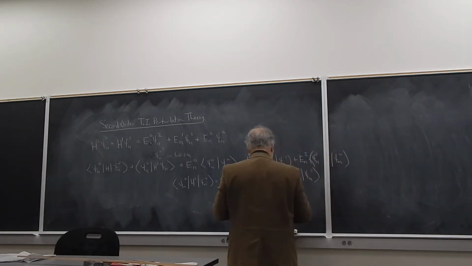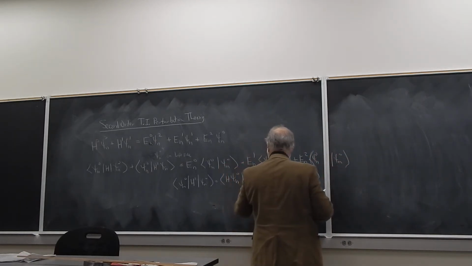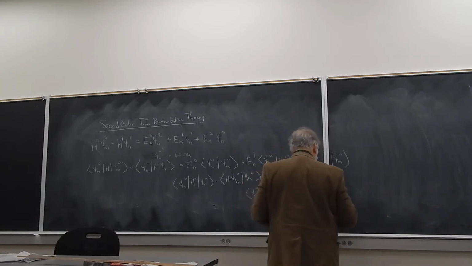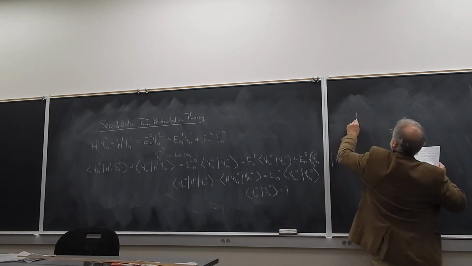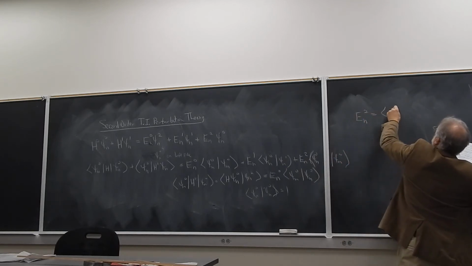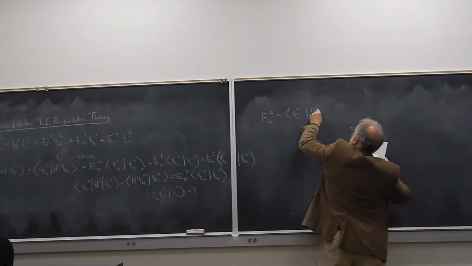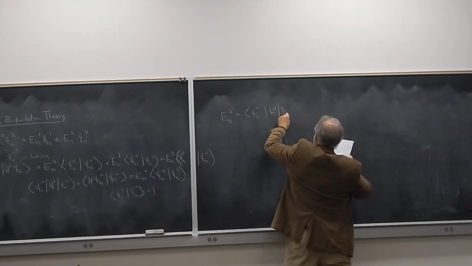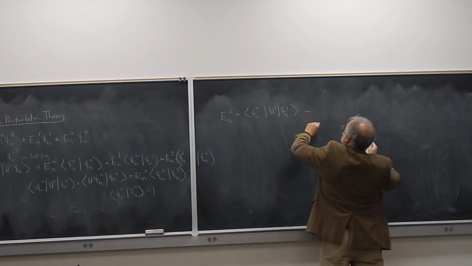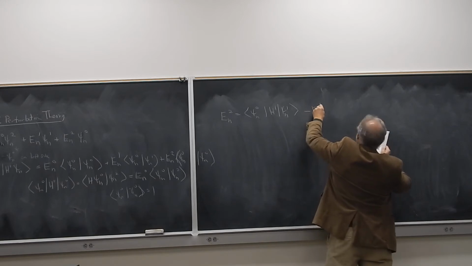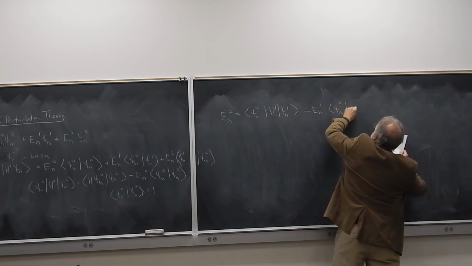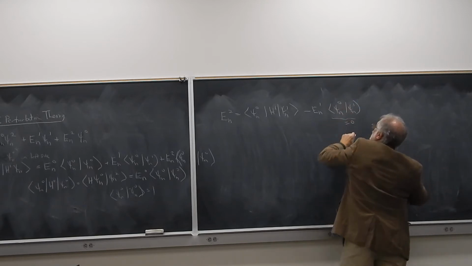And of course, psi n0 psi n0 is equal to 1 since they're normalized. Therefore, we get E sub n2 is equal to psi n0 H1 psi n1, minus En1 psi n0 psi n1, which of course is just 0.